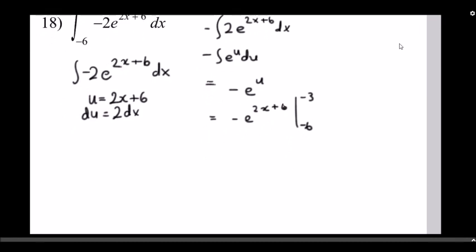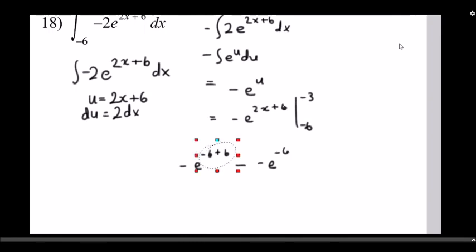Starting with this upper bound, plugging these in, we're going to get negative e, and then if that negative 3 goes in there for the x, we're going to get negative 6 plus 6. Then we subtract the antiderivative at the lower bound, so that's negative e, and then if that negative 6 goes in there, times 2 is negative 12 plus 6, so that's negative 6.